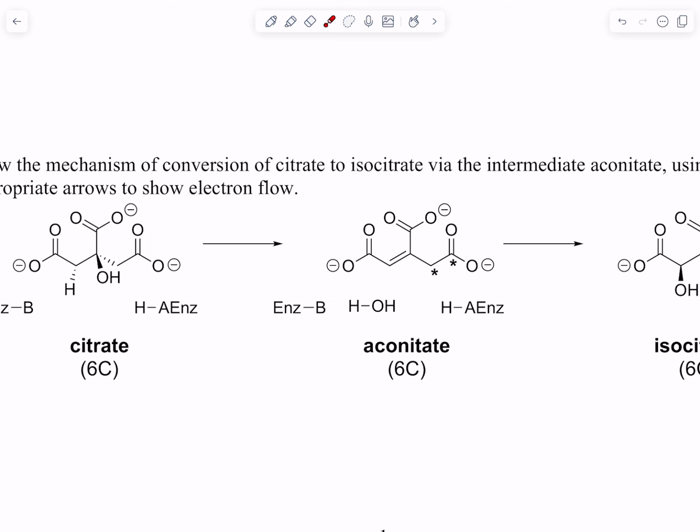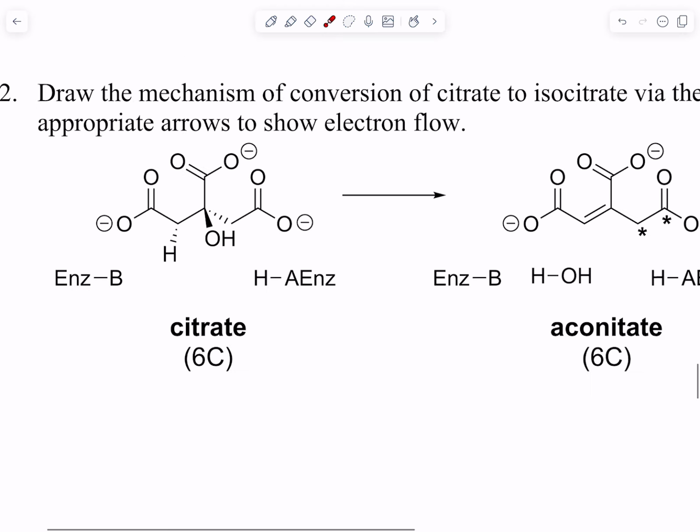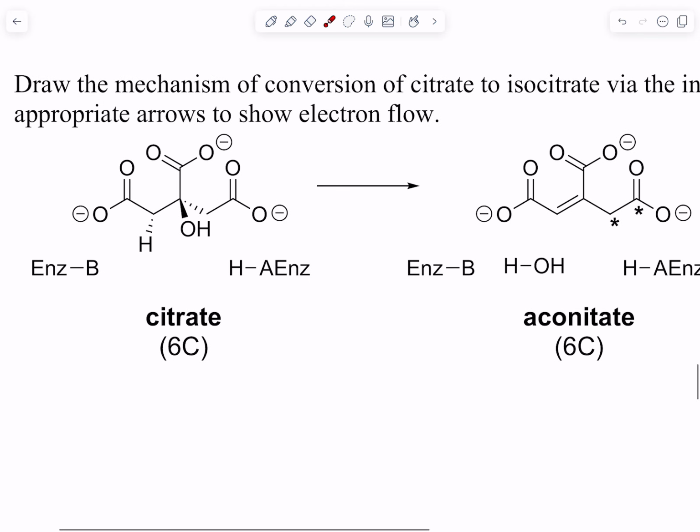So I know before in some of the quizzes for glycolysis, I was really, really careful about conjugate bases, conjugate acids. I haven't been here, and that's okay. You don't really need to be either. So if you look at the product, aconitate, this carbon-hydrogen bond is missing, and this OH group is missing. So propose a mechanism for that that only involves acid and base groups. What would you do?